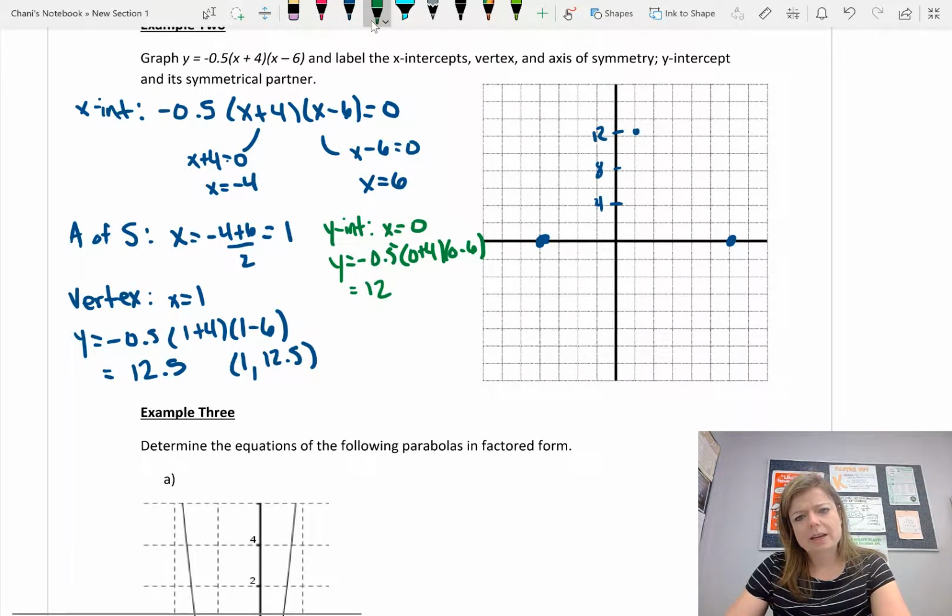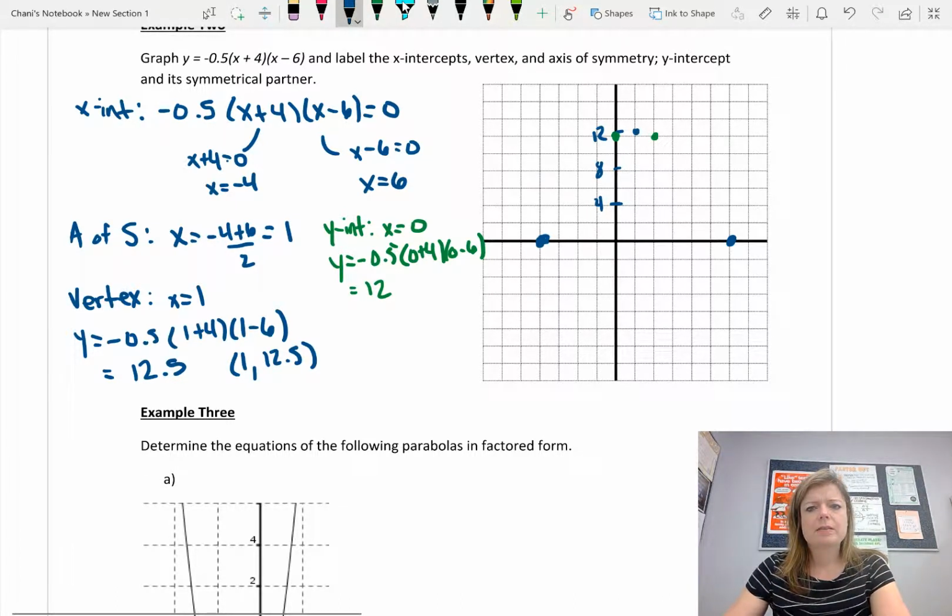So I'm actually right there for my y-intercept. And so that means I have a symmetrical partner right there, 1 to the other side.